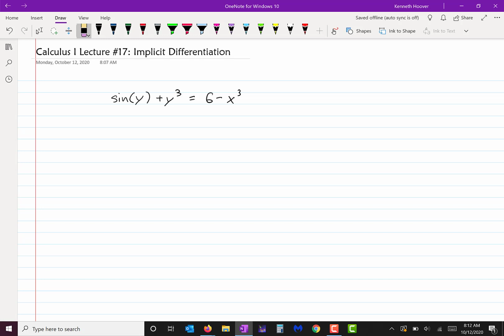And if I want to be even more careful, I would say find the derivative of y with respect to x. Okay, you might say, well, aren't we always finding the derivative of y? So why does that make any difference? And the answer is, we usually are finding the derivative of y, but there's no rule that says that. If somebody wanted to find the derivative of x, they certainly could.